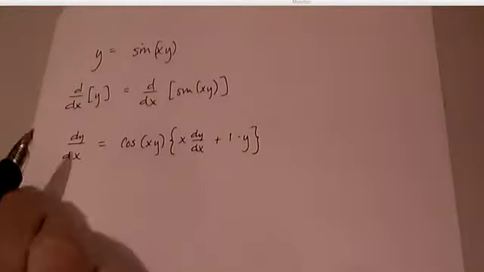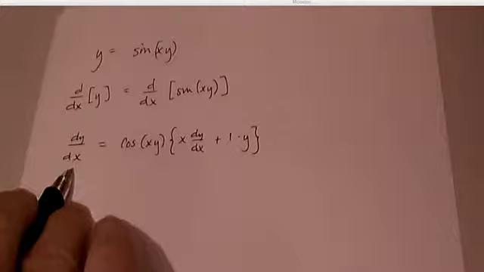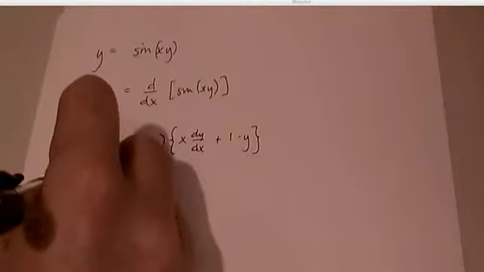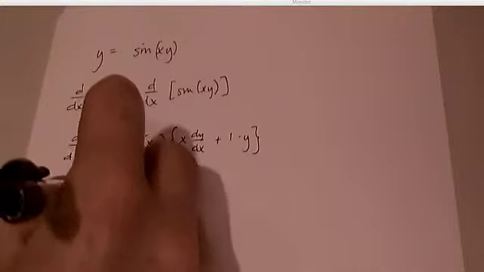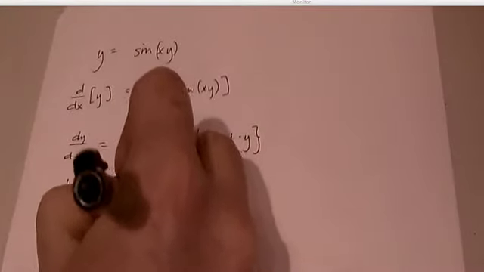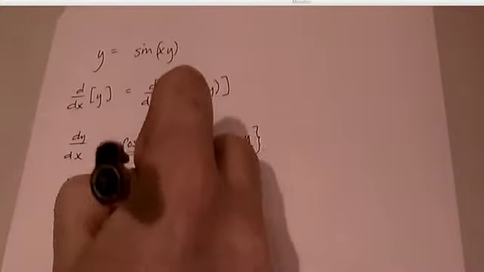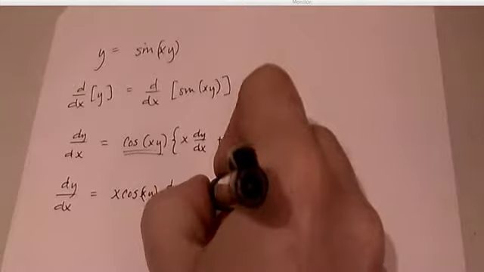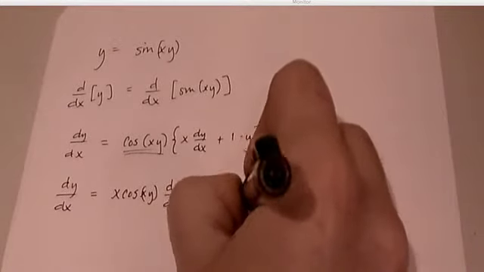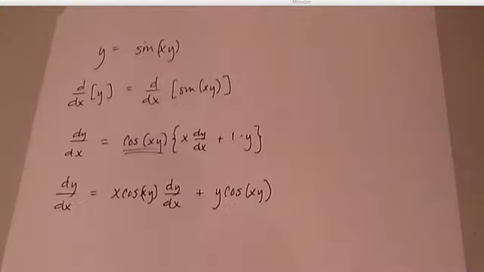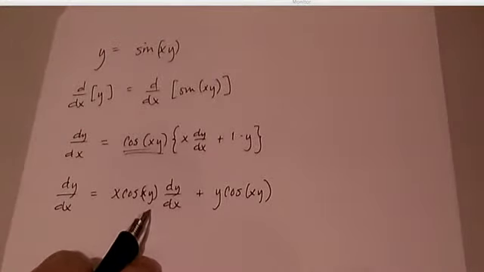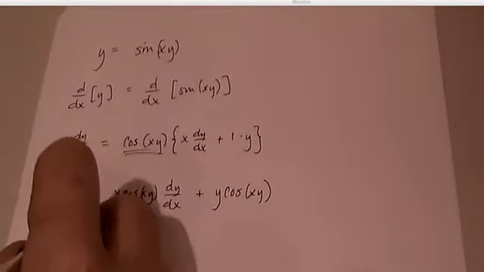Okay, now you have two dy dx's. You need to distribute this cosine across that binomial in order to free up that second dy dx from those braces that I put them in. Okay, and you get y cosine xy. And now I need to isolate. So basically the easiest thing to do is just to subtract this over to the other side and factor it out.